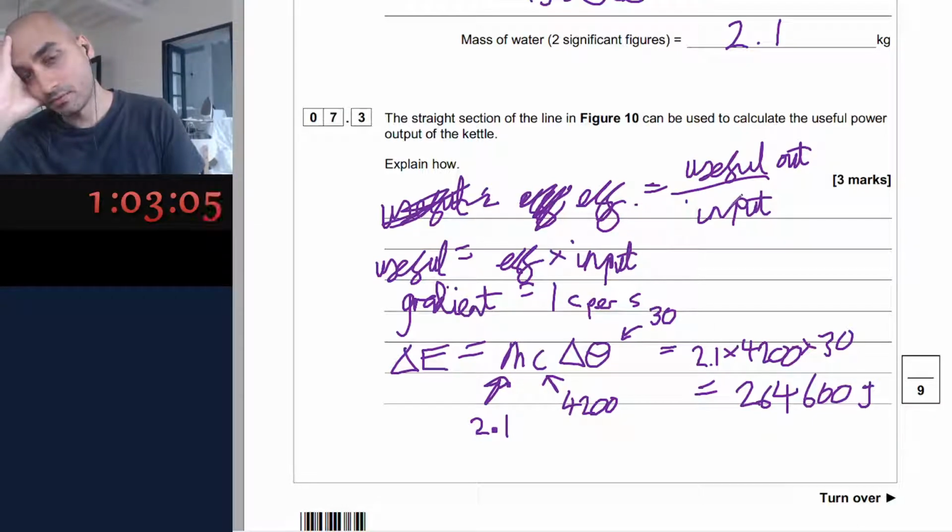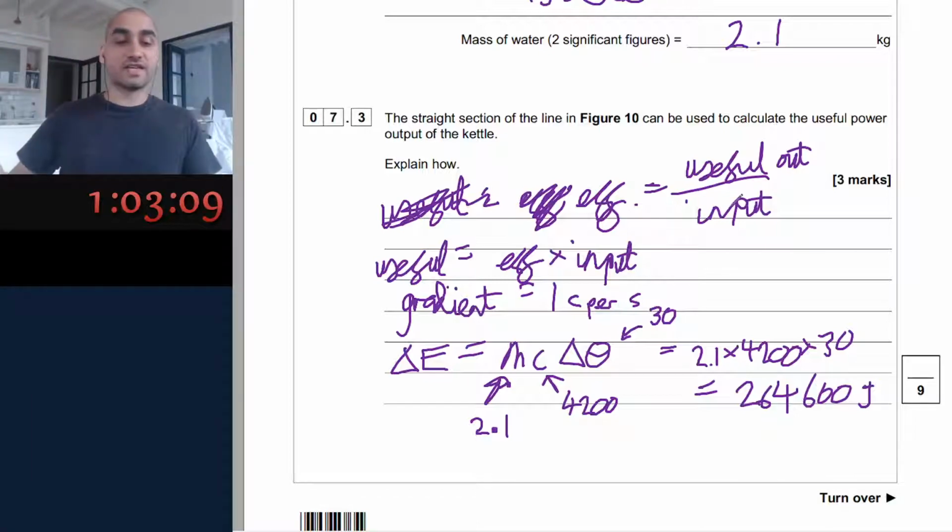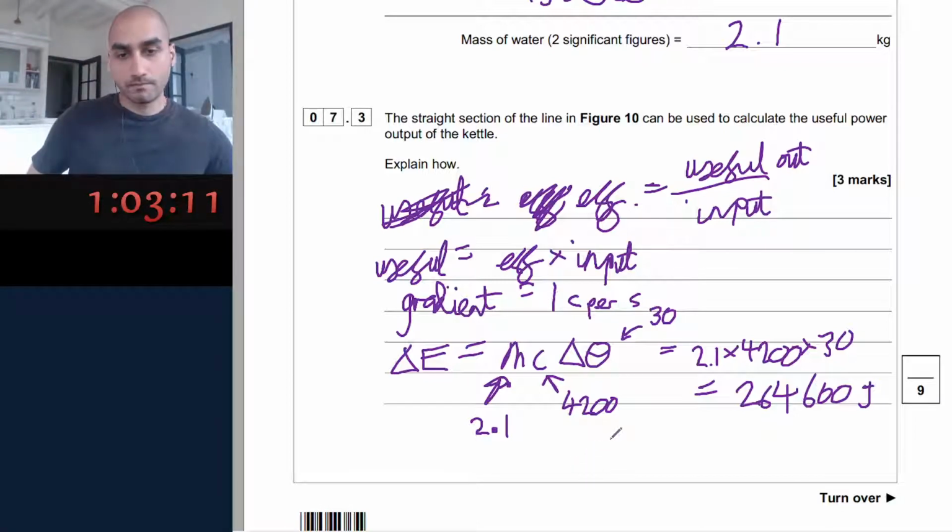Useful power output. Oh, and divide that by time. This has nothing to do with efficiency.